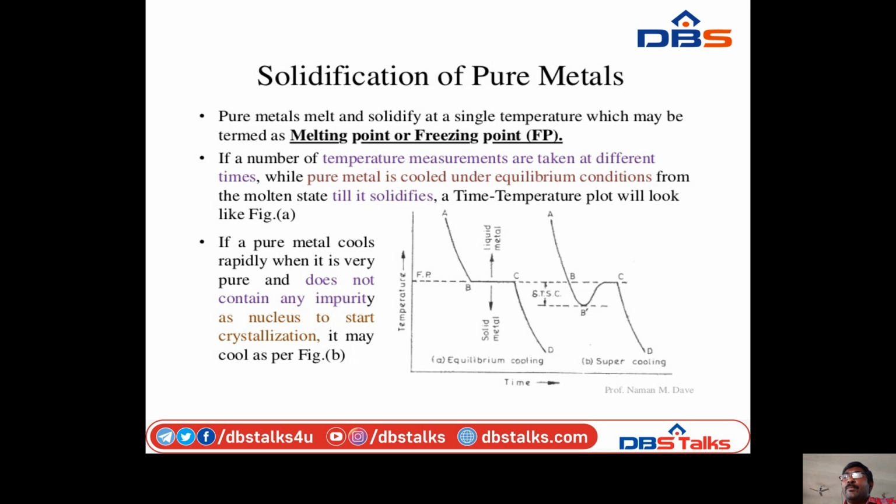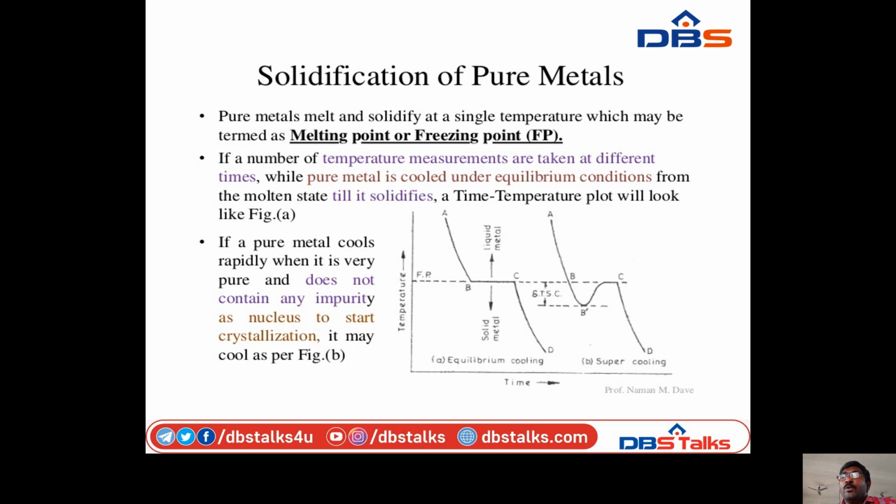Next, solidification of pure metals. Pure metals melt and solidify at a single temperature, which may be termed the melting point or freezing point. If a number of temperature measurements are taken at different times while pure metal is cooled under equilibrium condition from the molten state till it solidifies, a time-temperature plot will look like the figure here.